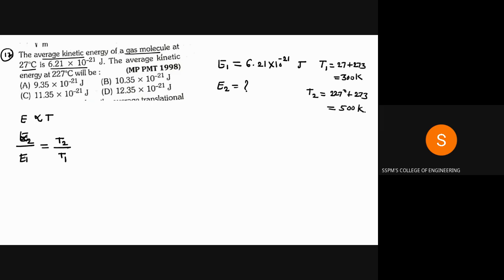Okay. So E2 upon E1, which is E2 upon 6.21 into 10 to the power minus 21, is equal to T2, which is 500, divided by 300. Okay. So from this you will get E2 is equal to, so cancel out this, 5 by 3 into 6.21 into 10 to the power minus 21.